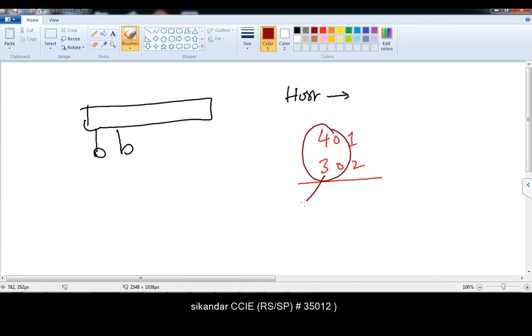The answer is simple: they are not on the same floor, they are different floors, because the first number represents 4, which is the 4th floor, and the second represents 3, the 3rd floor. So the 4th floor and 3rd floor cannot be the same. They are different floors and different networks.